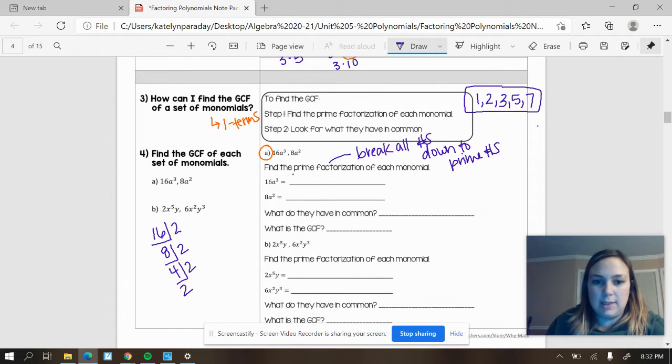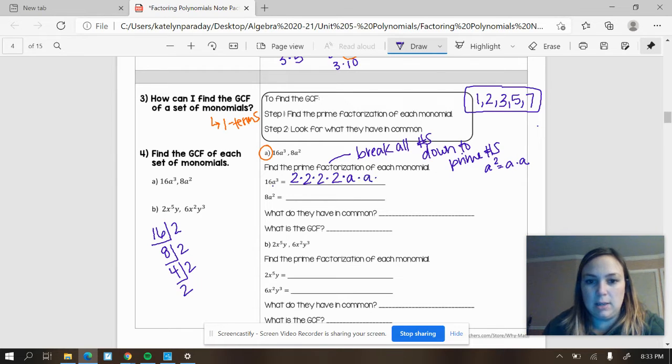That tells me that 16 really is 2 times 2 times 2 times 2. And remember we learned a squared is really a times a. Well, now it's a to the third, so that means a times a times a, 3 times. That is how we prime factorize 16a to the third.